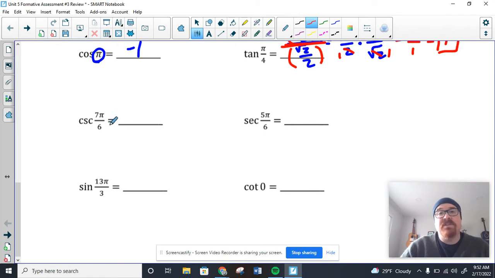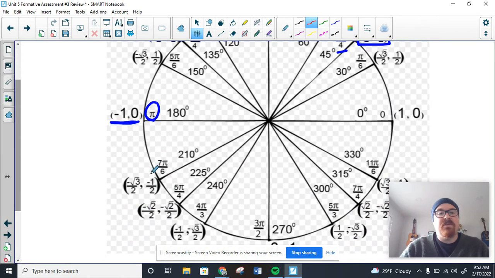Cosecant of 7 pi over 6. Stop me if you've heard this before. When we're doing cosecant, we're not going to do cosecant. We're going to do its sister function, sine, first. So we're going to figure out what the sine of 7 pi over 6 is. How do we do that? We find the angle, right? Where's 7 pi over 6? Is it on the unit circle? It is. It's right here. So we're using these coordinates.